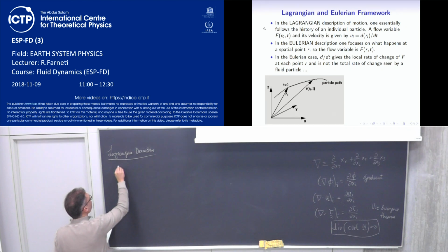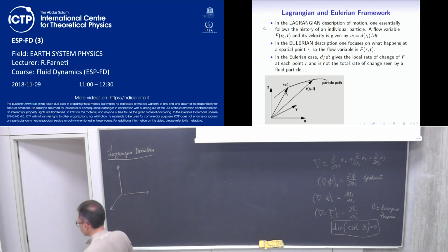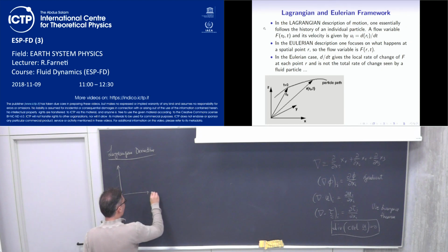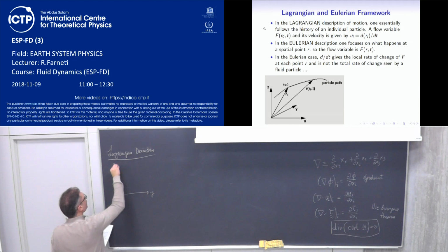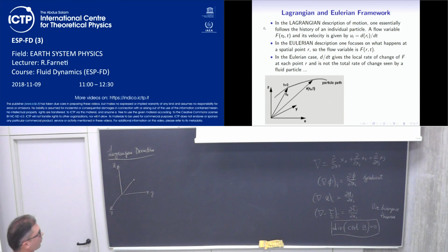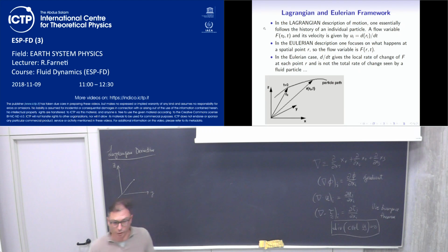So you have your frame of reference, x, y, and z, and you have a variable f, which could be a scalar or a vector, and you want to calculate the rate of change of this variable. Because remember, in fluids, we're not interested in the change of a variable, but we're interested in the rate of change, the d by dt of the changes in this variable.